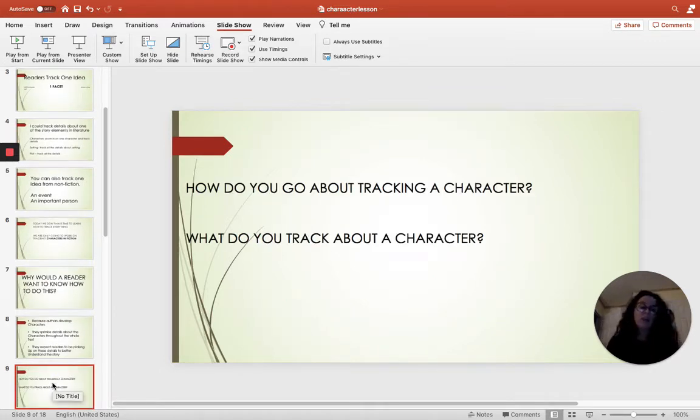Well, how do you go about tracking a character? I always like to use graphic organizers because they help us understand and keep track of our thinking. A good graphic organizer that helps us from beginning to end would be a timeline.